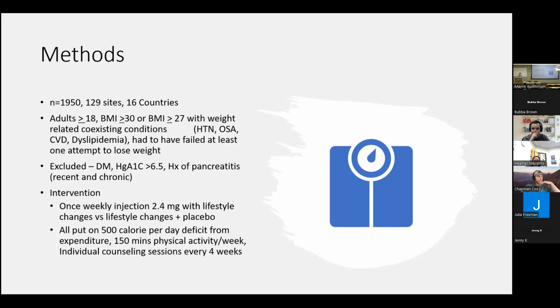You were excluded if you had diabetes, so this was not a study for diabetes, just for weight loss. You were excluded based on hemoglobin A1C greater than 6.5, which is where the diagnosis for type 2 diabetes sits. The intervention was active ingredient versus placebo, plus everyone got the same other interventions.